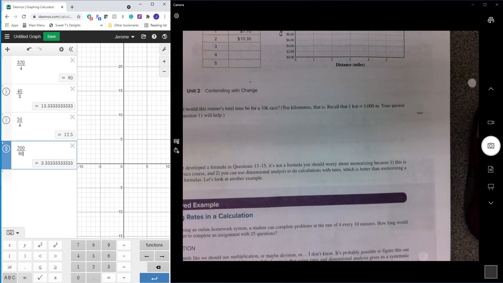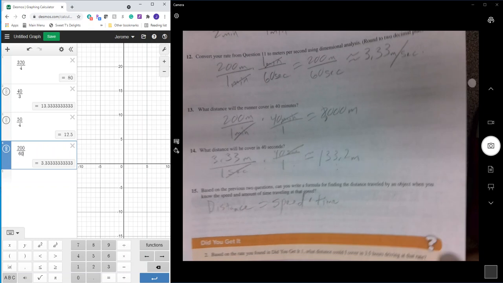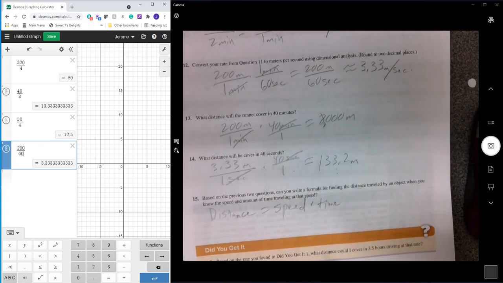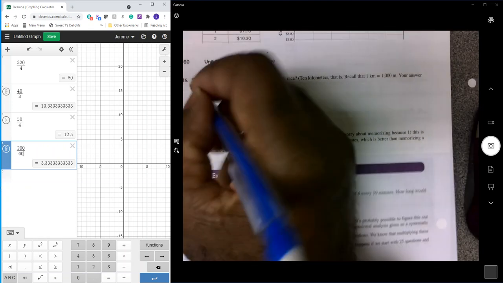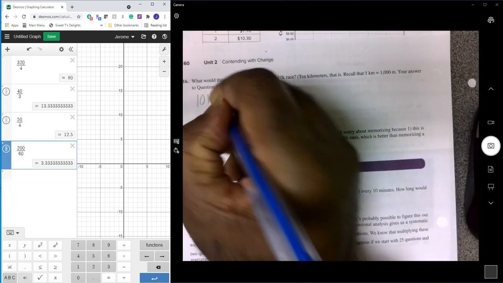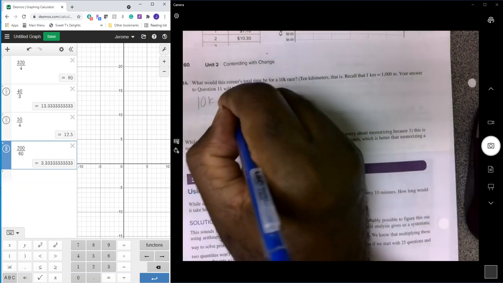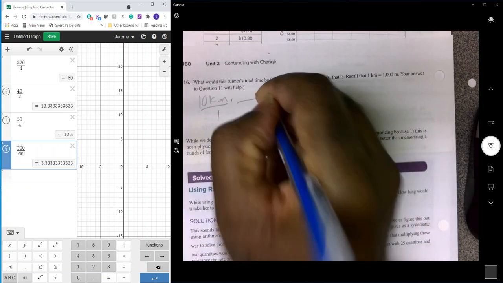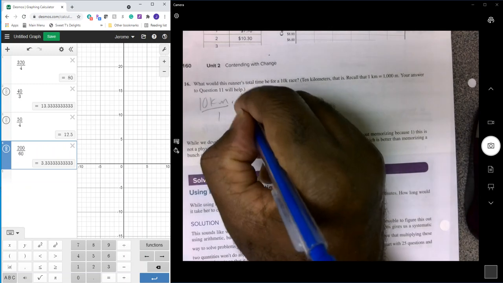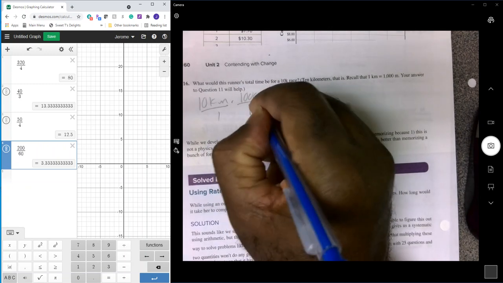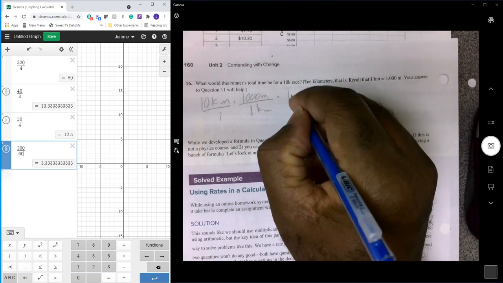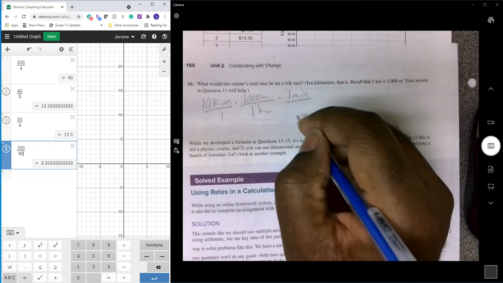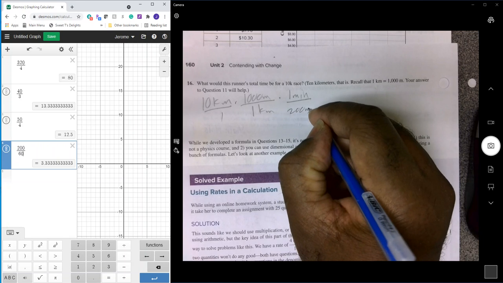So we could do 11, or we could do problem 13 where we had 200 meters for 1 minute. So I probably would go with that. We want to go 10 kilometers, and we want to see how long it would take us. Remember, it's 1,000 meters for 1 kilometer, and then it's 1 minute for every 200 meters.